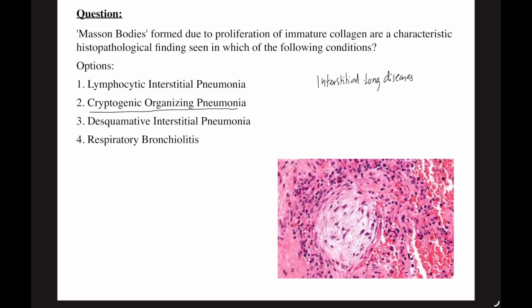In any interstitial lung disease, it's a restrictive lung disorder, so there is an issue with breathing. The patient will present with breathlessness. Spirometric findings will show a restrictive pattern instead of an obstructive pattern.